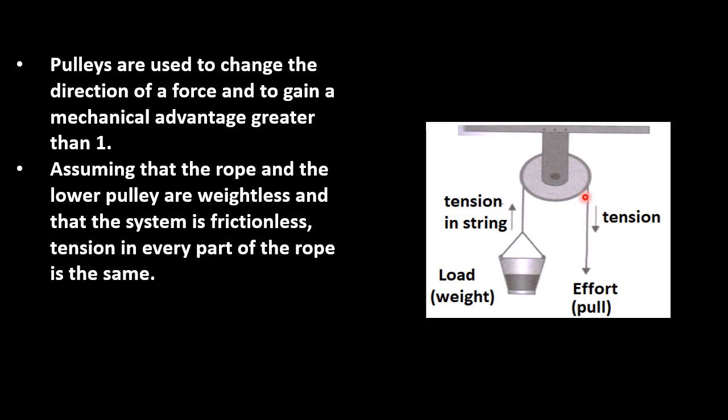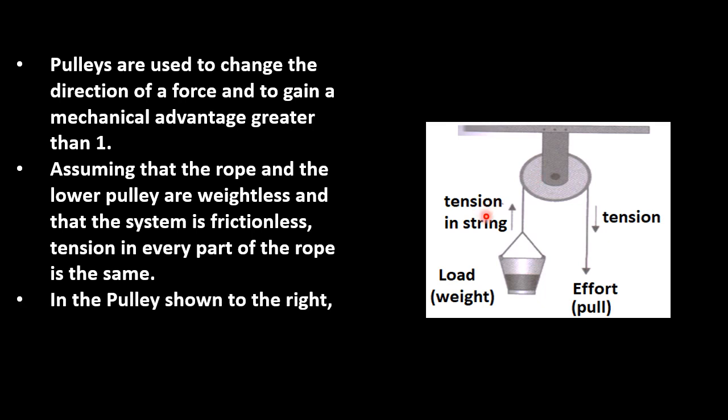For example, here, the tension created in this part of the string due to the applied effort is the same everywhere, even here. That's very, very important. But this assumes that there is no friction force between the string and the rest of the machine.